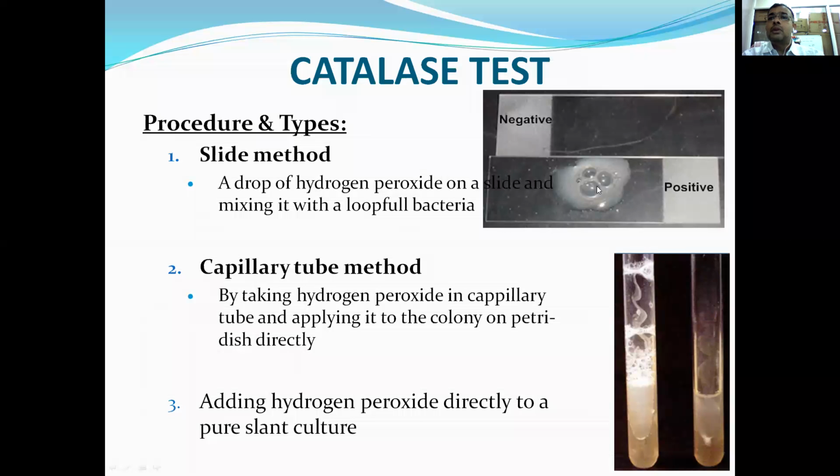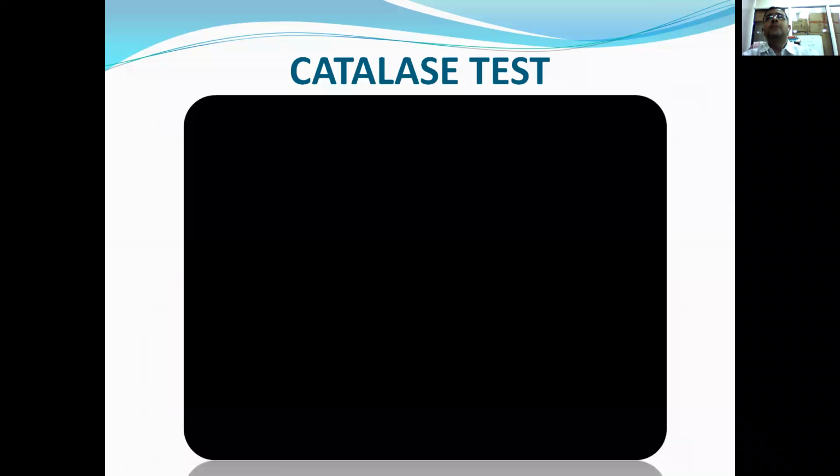On a slide you can see the bubble, and in a tube or capillary you can also see it. You can perform it as per your convenience, requirement, or availability of reagents. Now how can we perform this? There is a short video with some captions and narration, so you can see how we perform the catalase test.